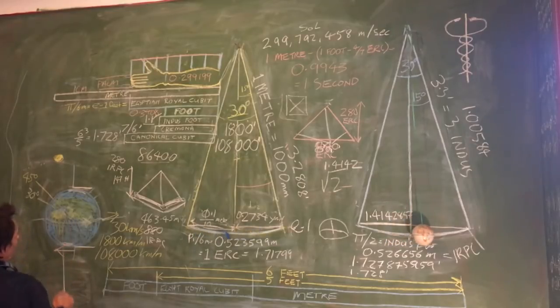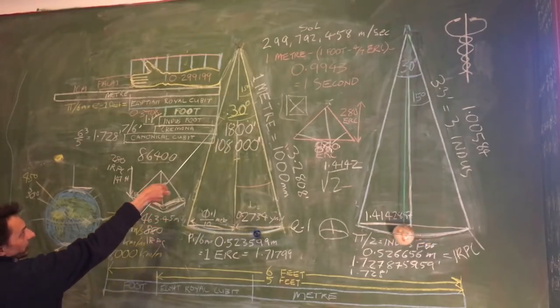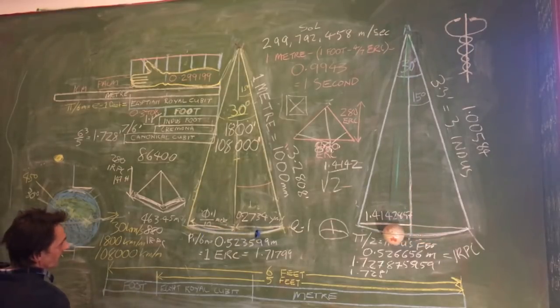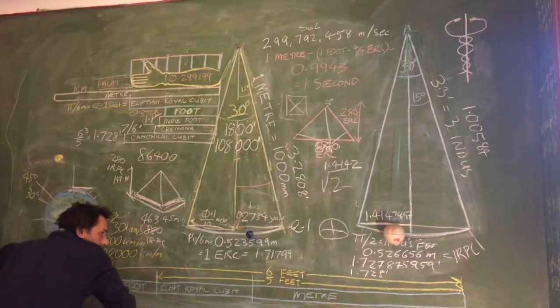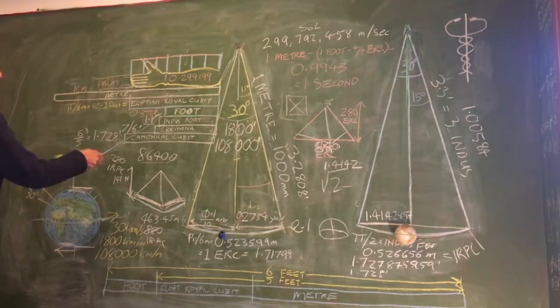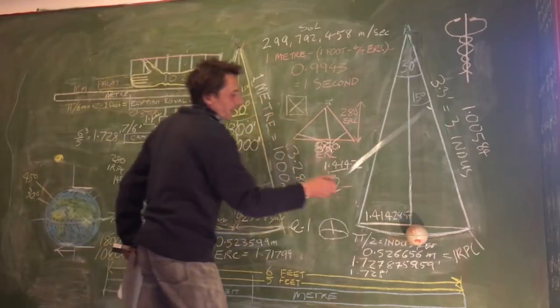The Earth is travelling around the Sun at 1800 kilometres a minute. 108,000 seconds makes up 30 degrees. The Earth is travelling around the Sun at 108,000 kilometres an hour at its fastest point. So we have all this: foot, metre, cubit. The difference between the foot and the Egyptian Royal Cubit, 4/7, is the definition of a second.